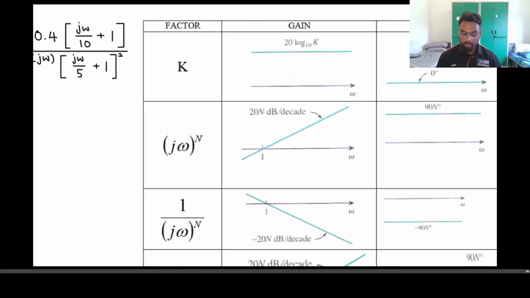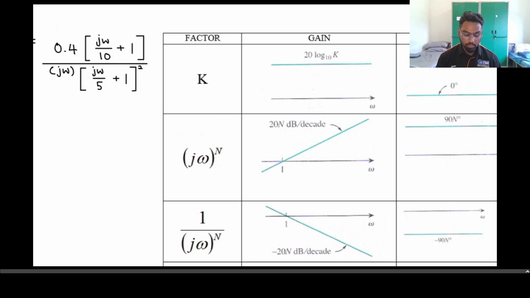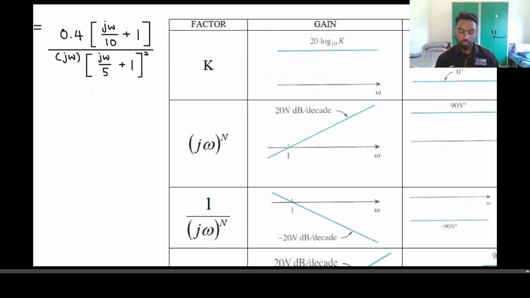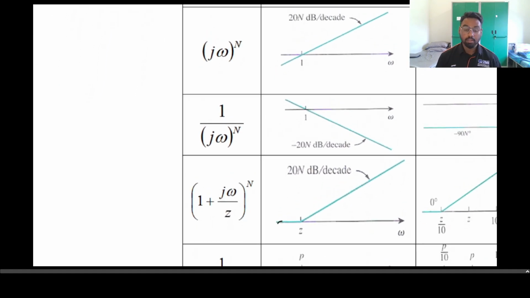So let me explain how the lines are going to be in the graph. For the gain, it should be a straight line, for which we take the k value from the function, which is 0.4, multiply by 20 log to obtain the value of gain, and draw a straight line across the k value. The zero at origin will have an increment of 20 dB, crossing the value of 1 for the decade.